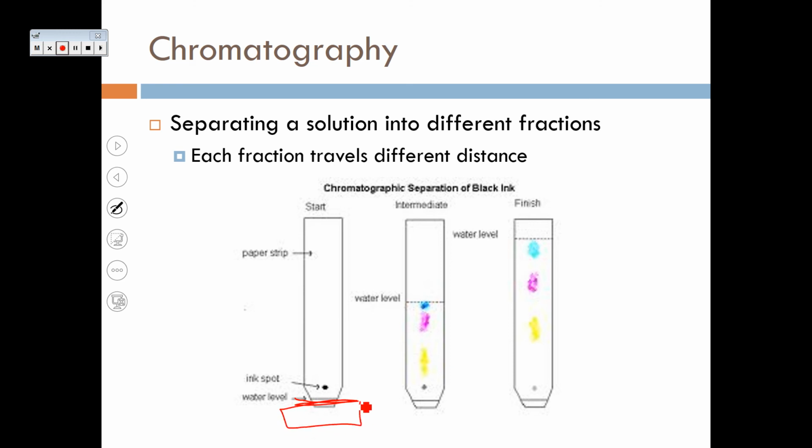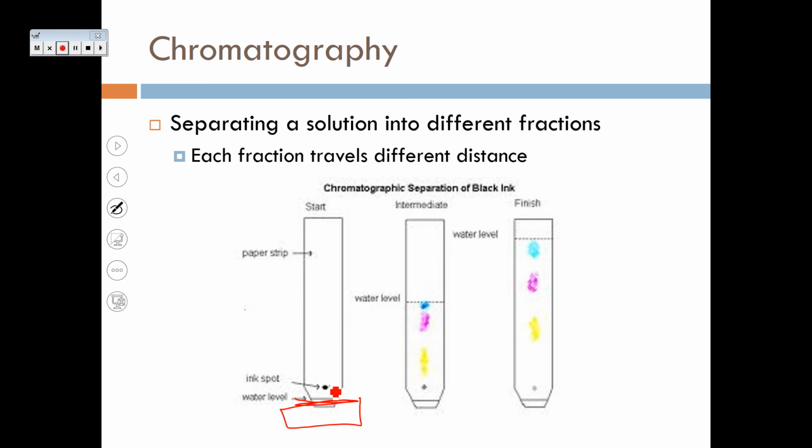So you have a solution right here. You put your sample here, the ink spot, which would contain multiple liquids in it, and the goal is to separate those liquids to figure out what they are. You would put your chromatography paper into the water. You can also use alcohol.